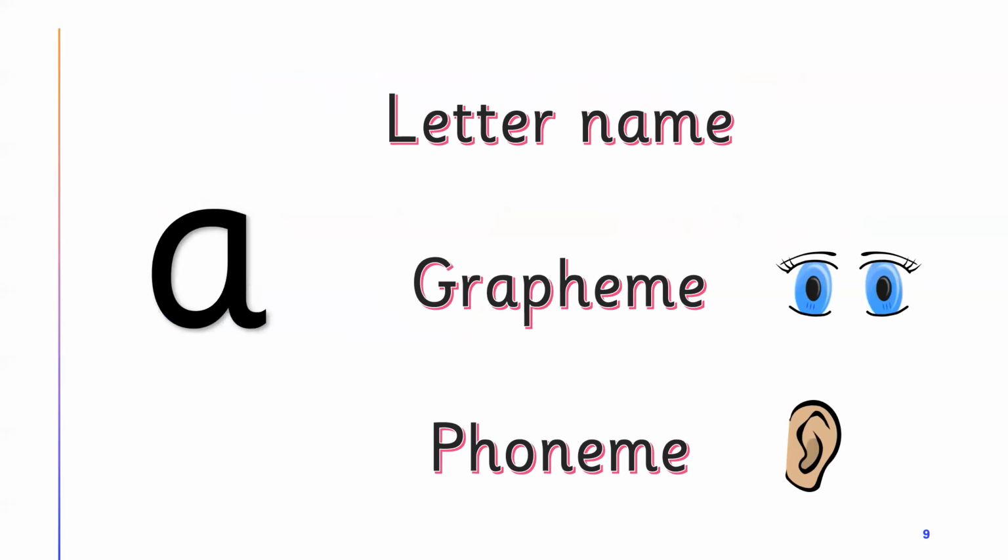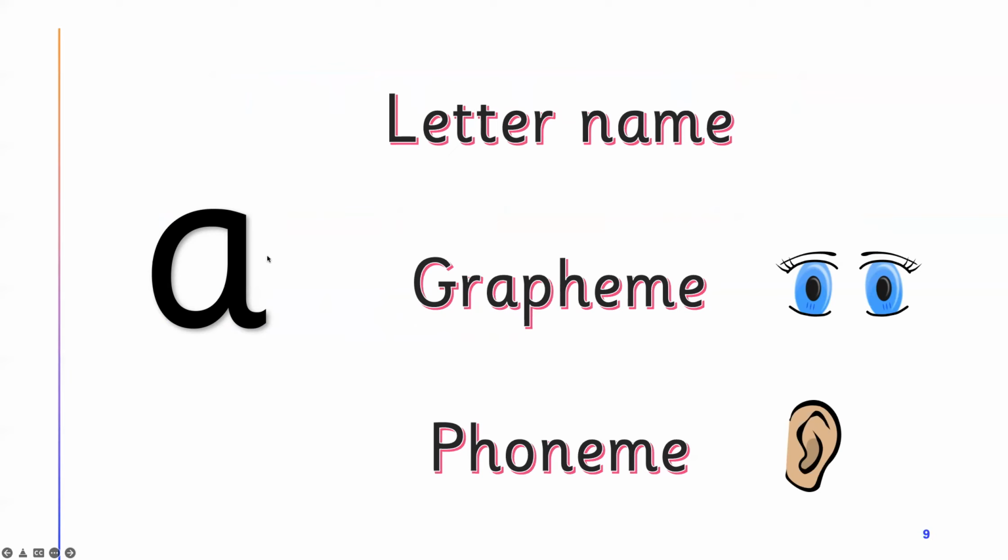At its simplest, what you need to remember is that this shape that you see on the screen is called a grapheme. It's a visual representation of some phonemes within our words. And its letter name is part of the alphabet, they're the letter names.